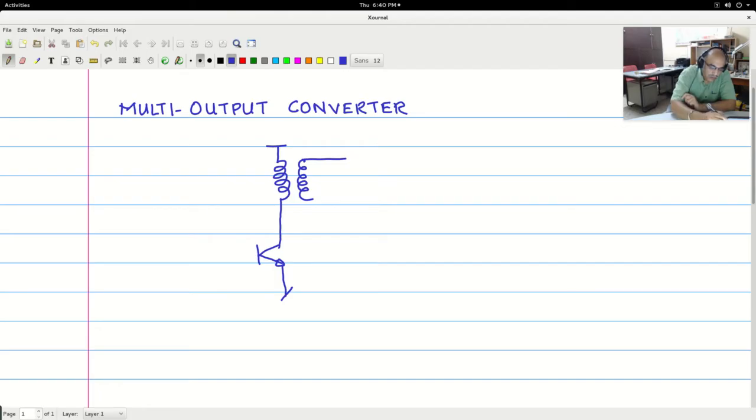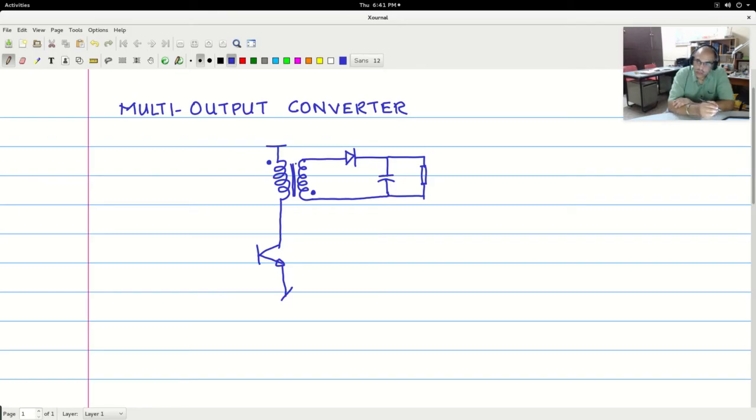Now this pole is acting like an inductor, and let me put the dot polarities like this. Now recall our earlier discussion on flyback converter. And this is the flyback converter.